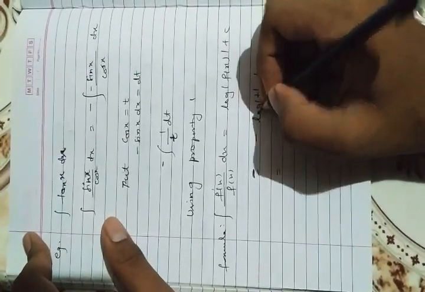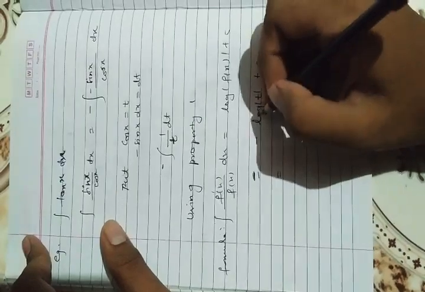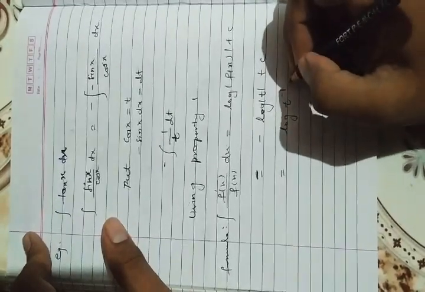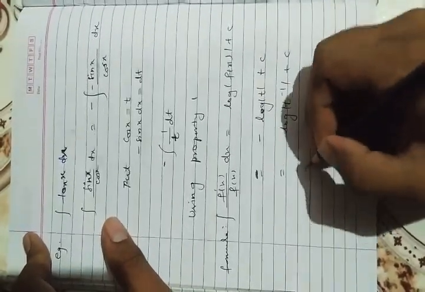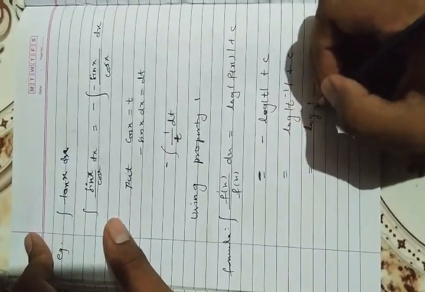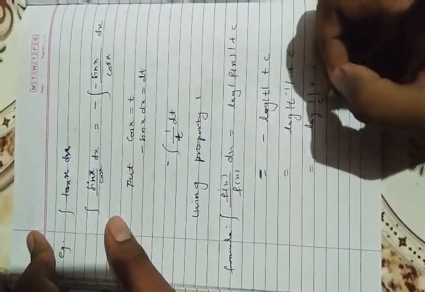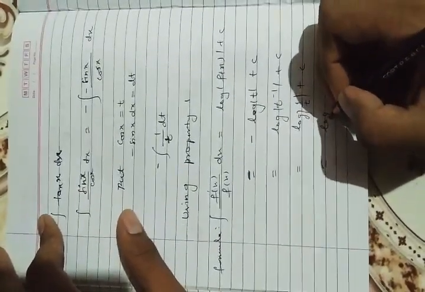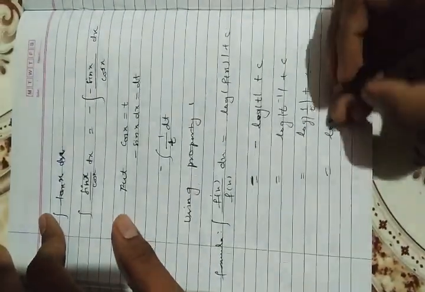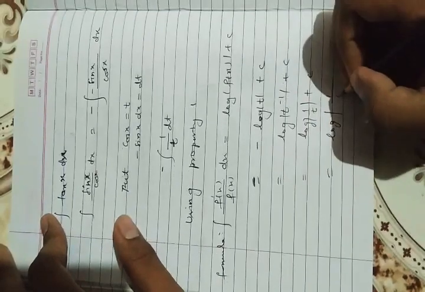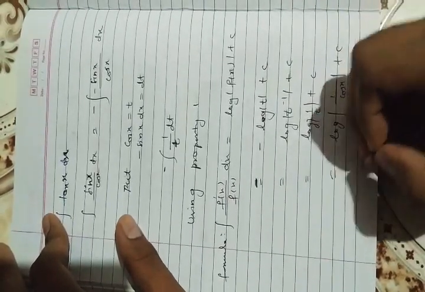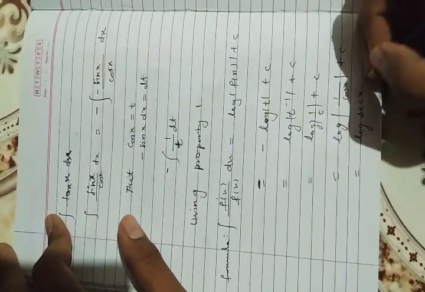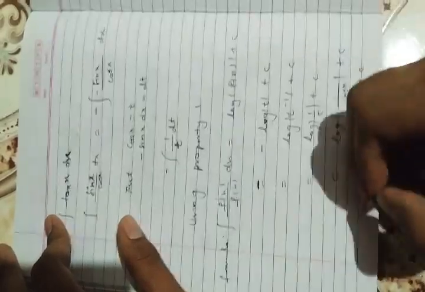And can I write minus as a power? We know the log property. We will get log of 1 by t plus c. Again, don't forget to resubstitute, as we took earlier: log of 1 by cos x plus c, and 1 by cos is sec. So this is the proper solution of the integral.